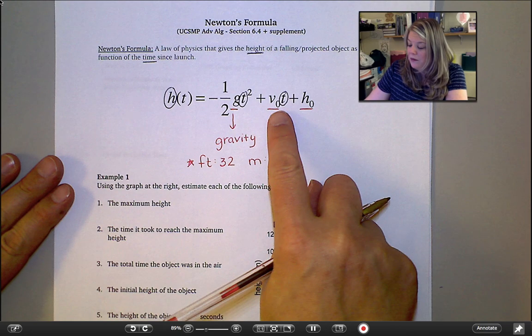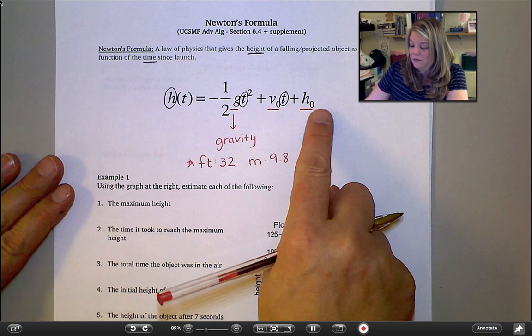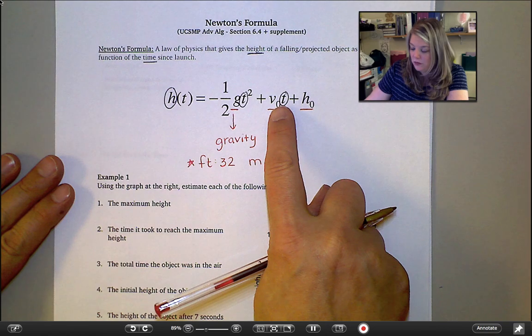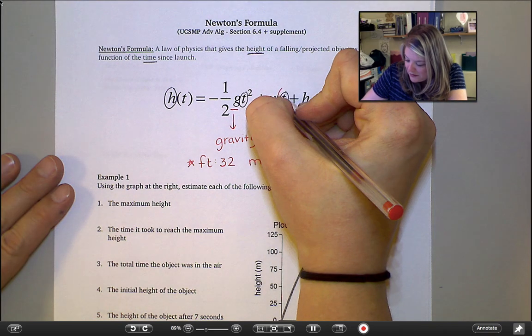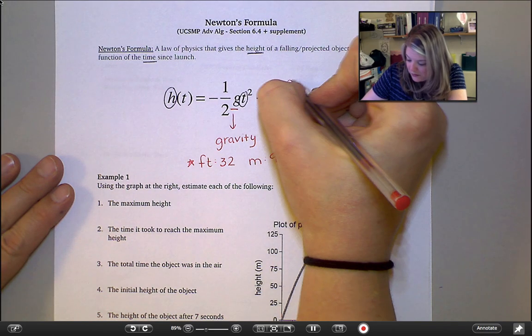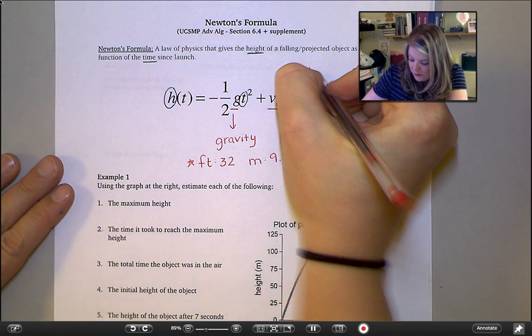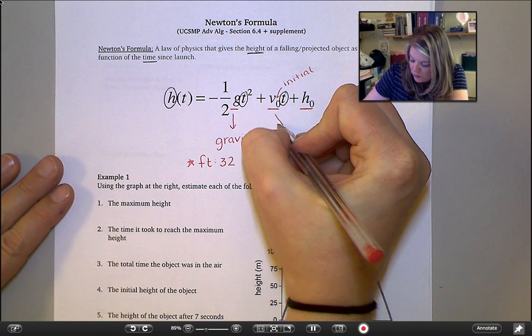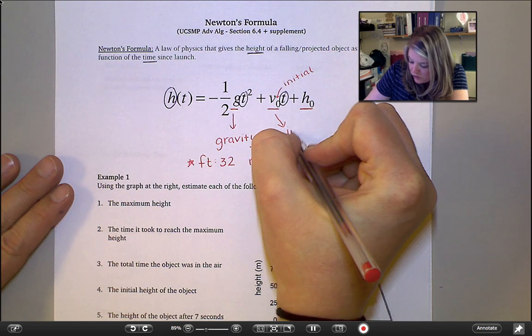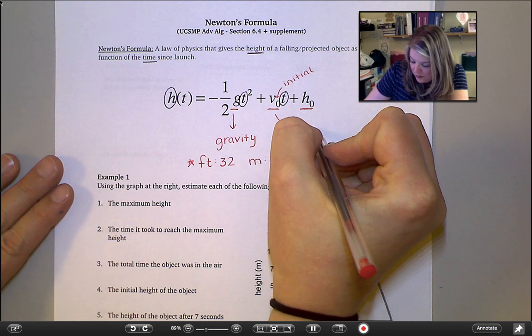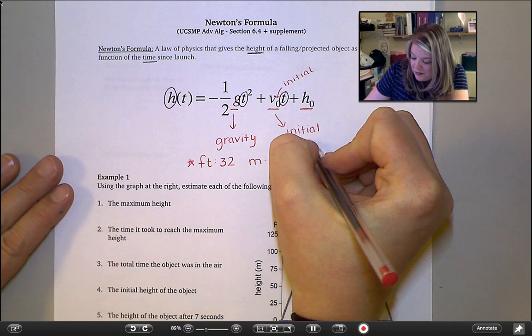Okay. And I want to point out that anytime you see that subscript of 0, the little zeros down there, that represents the initial amount of something, okay? So when you see V sub 0, that's talking about initial velocity. Velocity is very similar to speed.